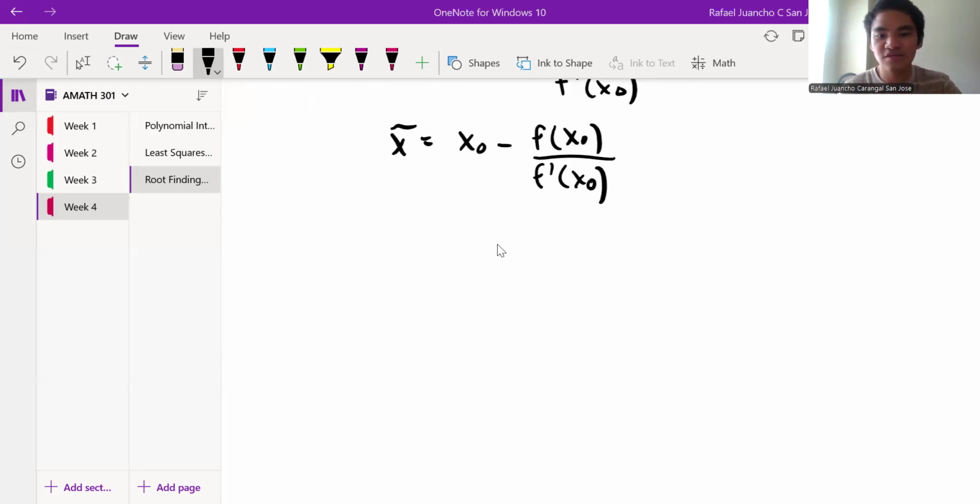And so this root of the linearization might be a good approximation of the root, right? Because maybe this x tilde can serve as a new guess, and therefore an iterative method is created. So again, we can iterate through this, right?